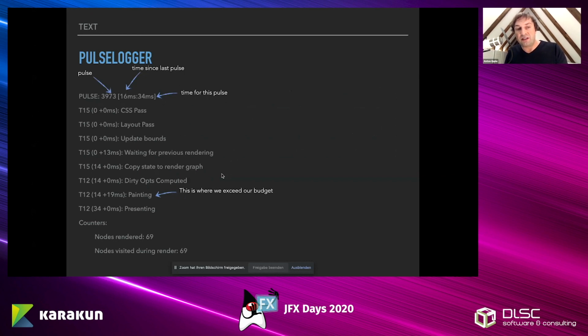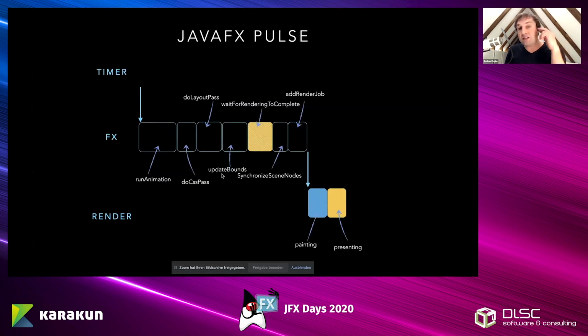So this one started 0 milliseconds after the last phase, which was run animation. But if there are complex animations, if you animate thousands of nodes, then it takes maybe 3 or 4 milliseconds before the CSS pass actually starts. So you see all these phases that I mentioned to you in the actual output.